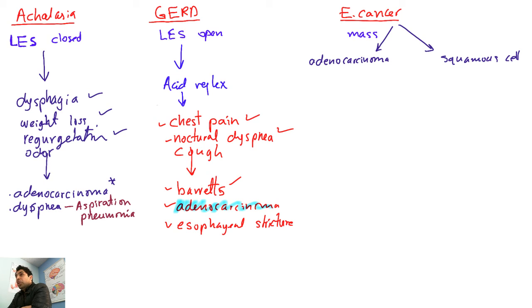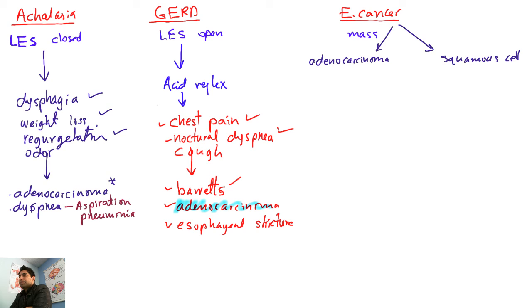So could GERD present like achalasia? Of course. At that point, you're not going to be worried about reflux. No more reflux, just the history of reflux. Now you have difficulty swallowing. So in progressed, advanced GERD, you should expect dysphagia.